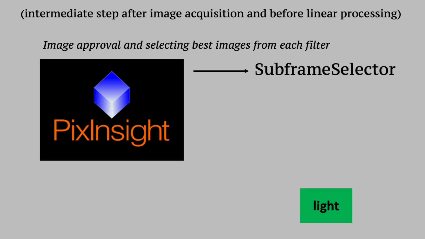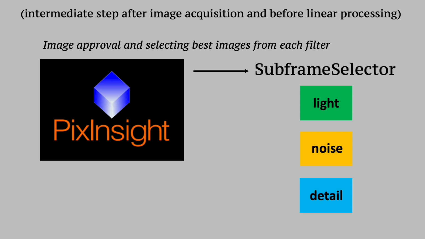So that's the SubframeSelector. As we go through it, it's not directly processing any images, but it is selecting images for light and for good signal to noise ratio, and also for detail. So that's in PixInsight. That's the first thing that we do. But again, that's not really processing any images. That's getting us prepared and set up to process images.